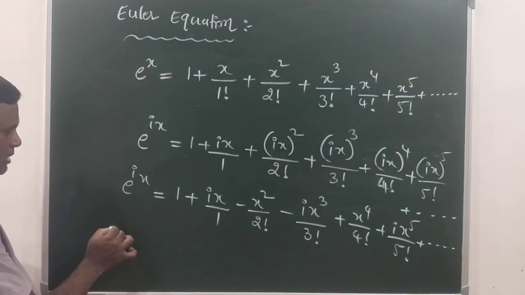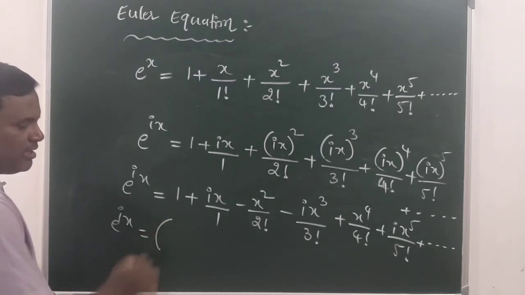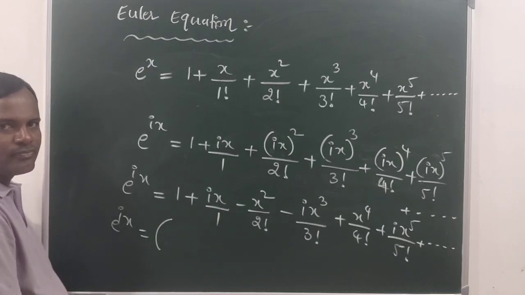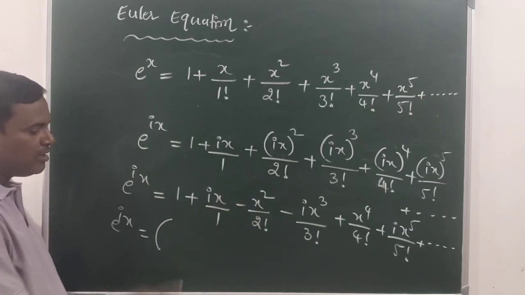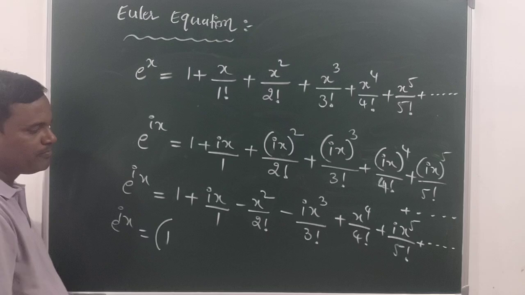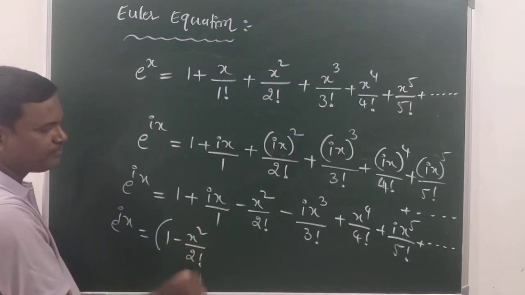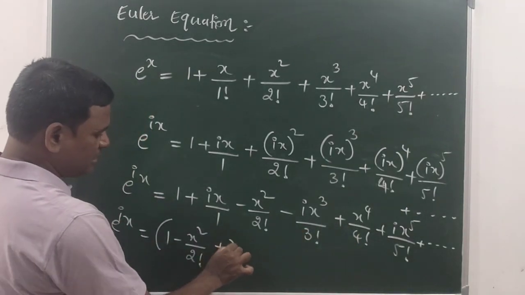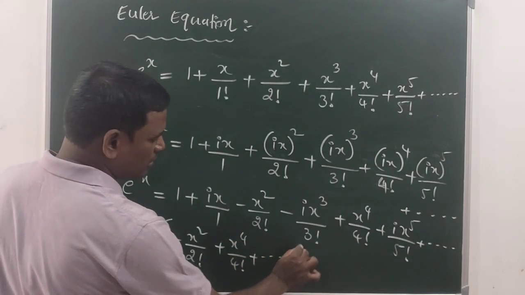So observe what I am going to do in the next step. e power ix. See, here I kept one bracket in which I am going to write real terms, meaning those which are not having i. So in which terms is there no i? In the first one, in the third term, minus x square by 2 factorial. Next, here we have x power 4 by 4 factorial and so on.